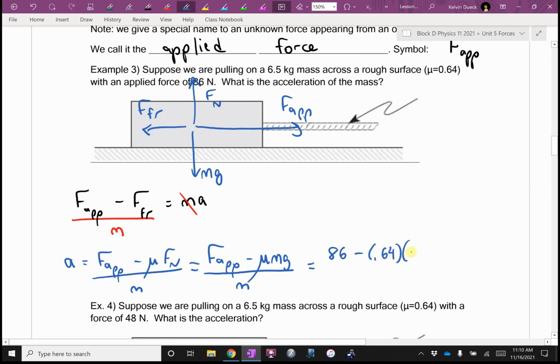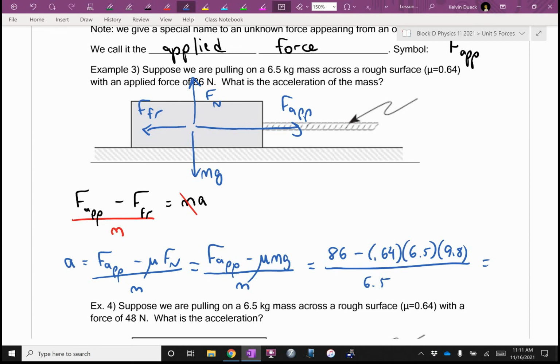M? G? Divided by? This is one all of you should practice typing in because this is kind of the level of difficulty. Actually, a little bit harder than this. We're eventually going to have more than one mass in these questions as well. But you should be able to type this in and get an answer.